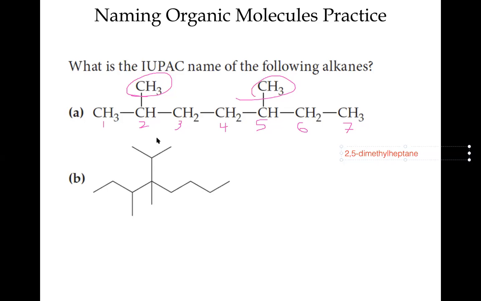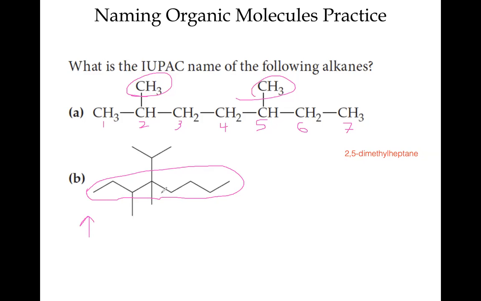Now for B, let's see here. We can go 1, 2, 3, 4, 5, 6, 7, 8. 1, 2, 3, 4, 5, 6, 7. 1, 2, 3, 4, 5, 6, 7. Yeah, so the longest chain is definitely going to be this. And I'm going to number it on this side because I already know that.